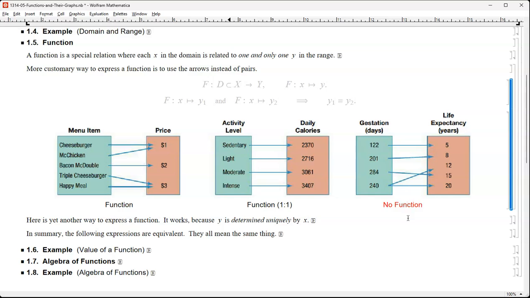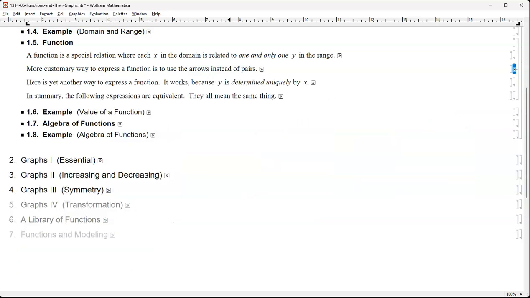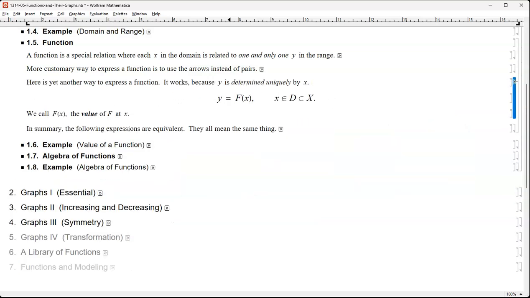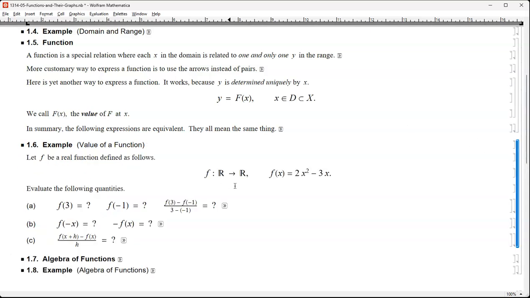Now, how about this? This is not a function. Gas station days, the life expectancy, all right, whatever it is. 240 is assigned to 12 or 20, which is right? That's not a function. So we can use pair expression, or you can use arrow expression, or you can use algebraic expression, and I'll show you a little bit more about the algebraic expression in example problems like these.